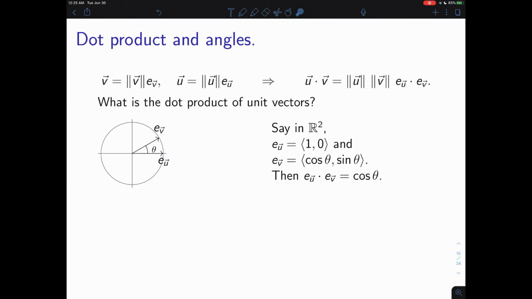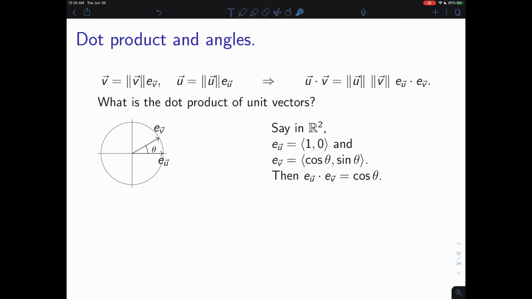Well, let's just say we're in R2 just to make it easier to draw pictures, and we'll figure out a rule that's actually going to work in general, but we're just going to draw pictures for R2. And on top of that, let's say our first unit vector EU is specifically 1, 0.